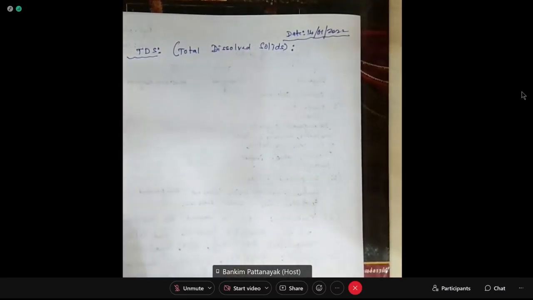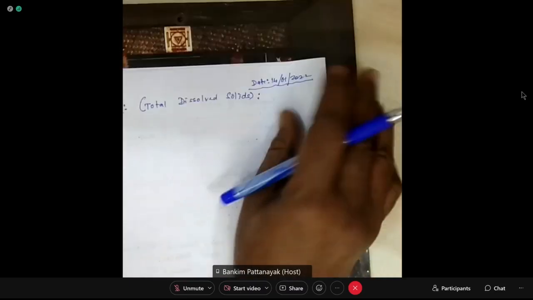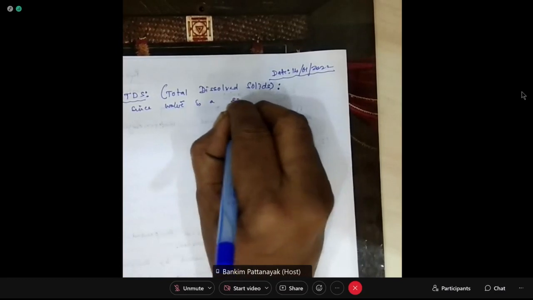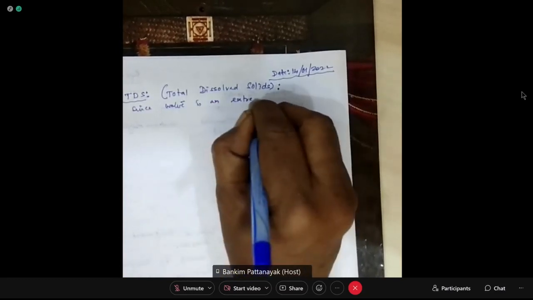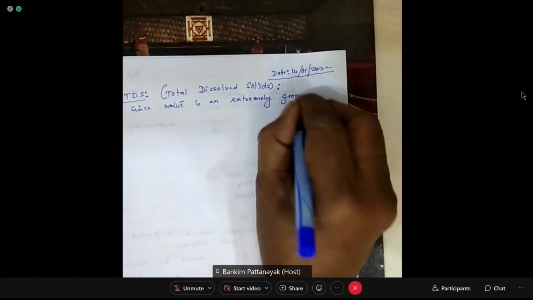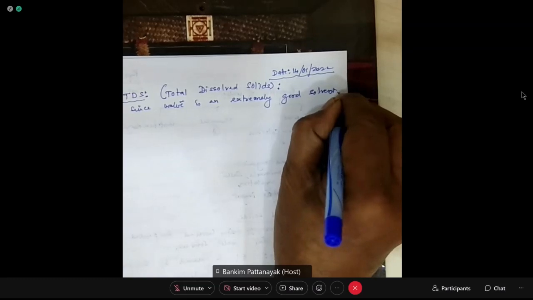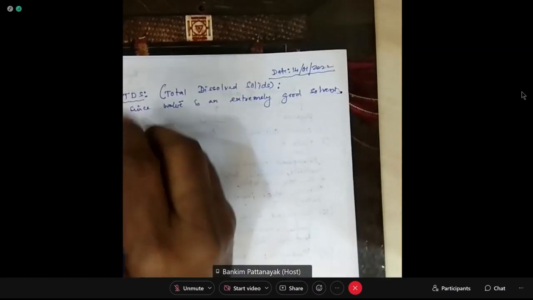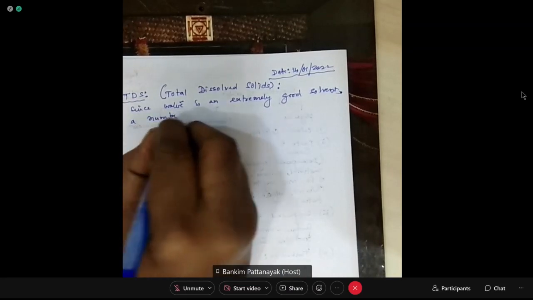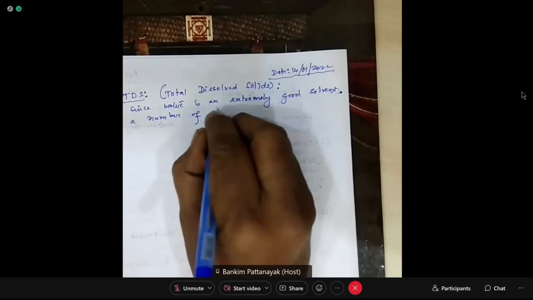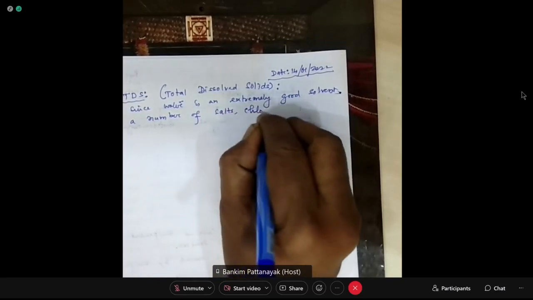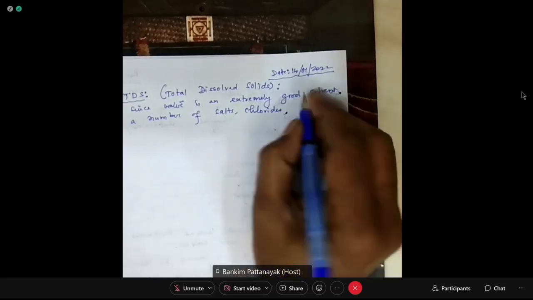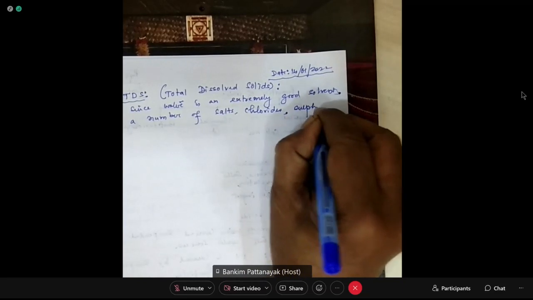When we are talking of water, it will be total dissolved solids.